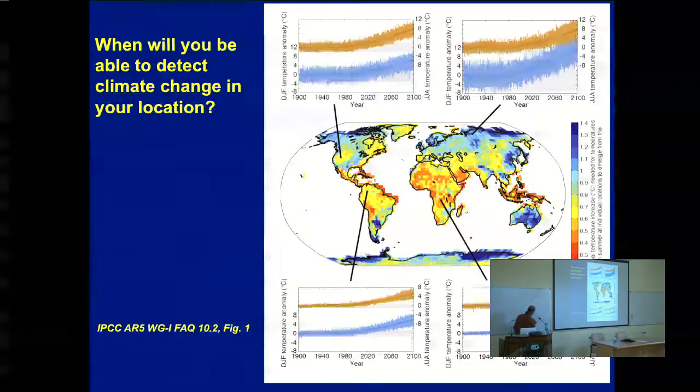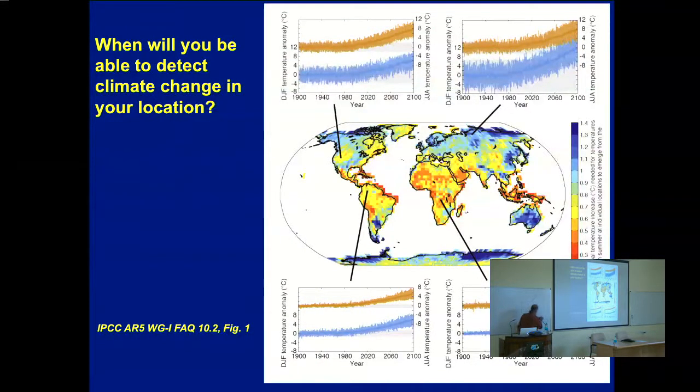Now, once I start giving it greenhouse forcing, I am going to produce temperatures that start increasing and deviating at a certain point of time.